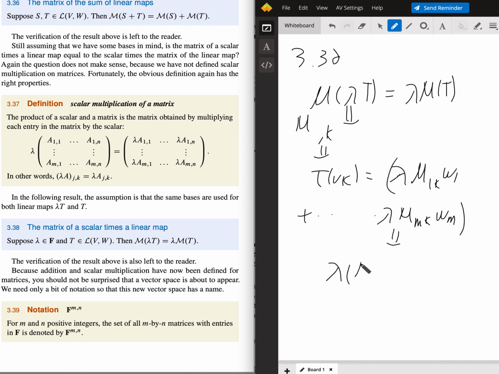But if you break out the lambdas, I think I screwed something up. No, it's fine. Yeah, so in fact you can factor the lambda out of every column inside of the matrix, and then it just becomes lambda times that matrix, because that's how scalar multiplication of a matrix is defined.